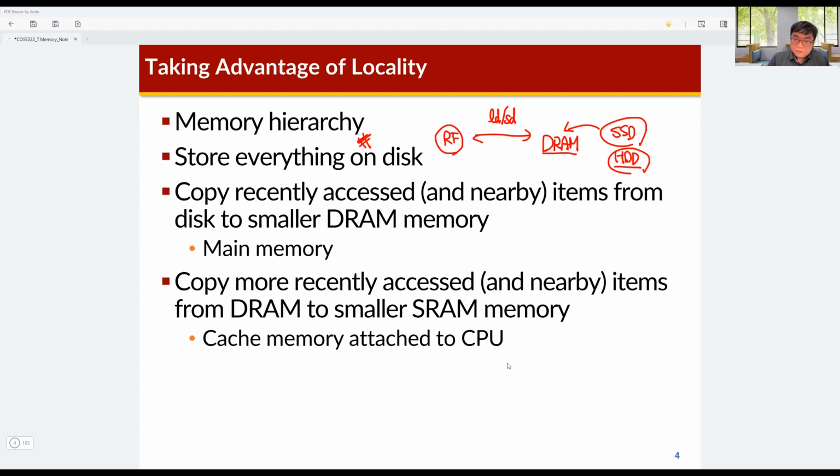Other instructions, like add and sub, just use the data inside of the register file. So most of our data exists in storage systems like SSD or HDD.